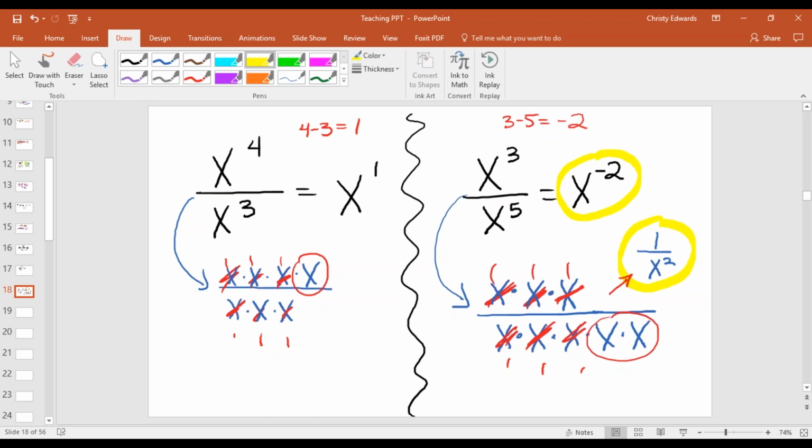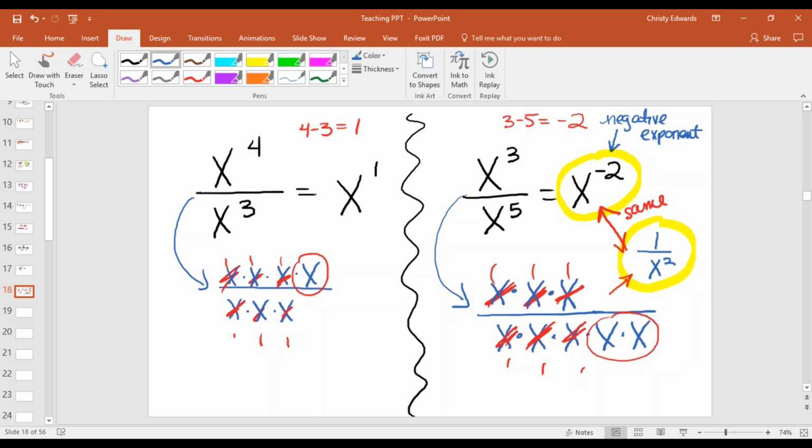Here's the big bombshell lesson of the day, folks. These are the same thing. Does that make sense? Depending on how you do it, you're going to get 2 different answers, but the answers are both right, which means the cool thing of the day to learn today is a negative exponent just means that actually all the leftovers were on the other side of the fraction.